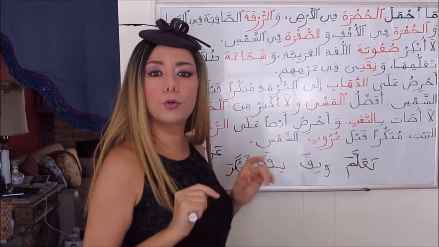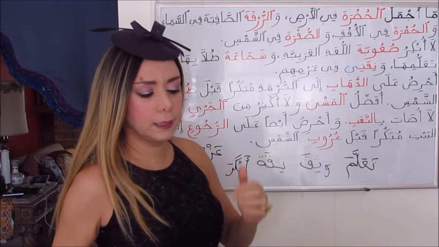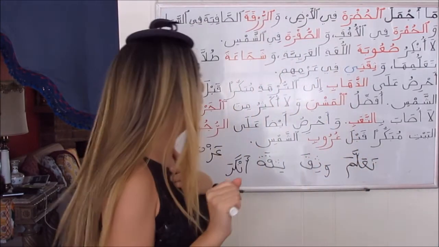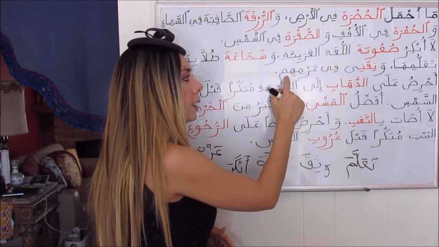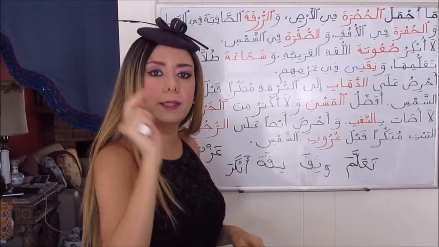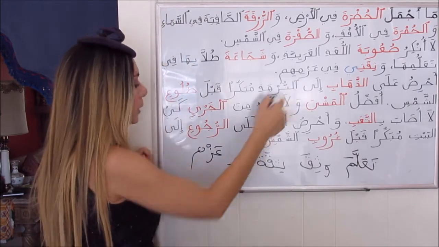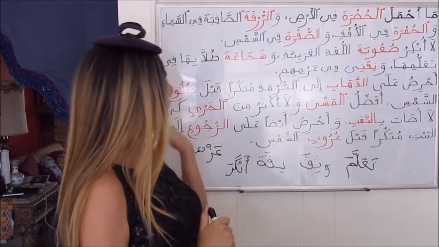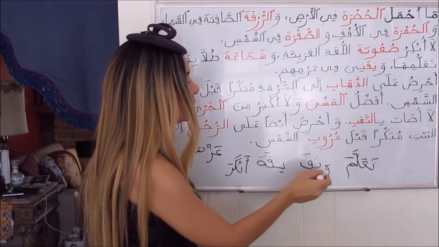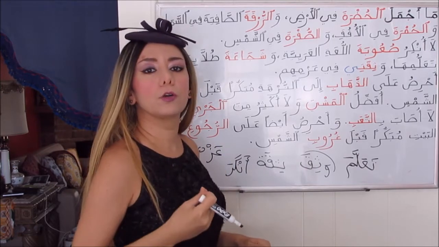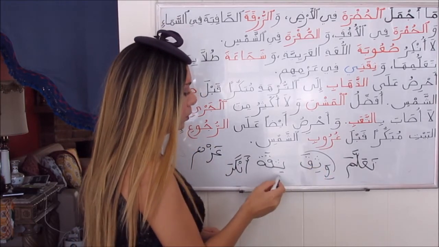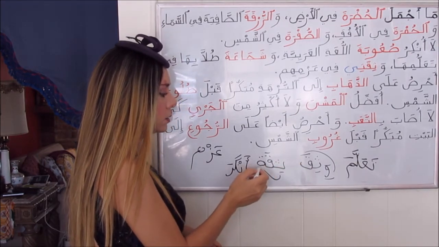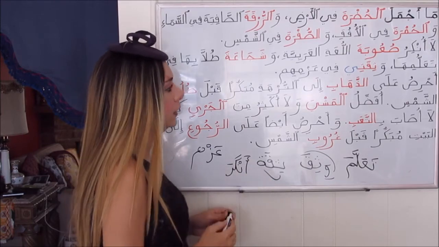Third person, plural masculine. وثقتي, and my faith in their determination. في عزمهم, in their, hum is rendered as their determination. عزم, determination. ثقة. So here, since وثق is an irregular verb because of this weak letter, for its verbal noun, the waw is gone, and we add a ta marbuta. Alright?